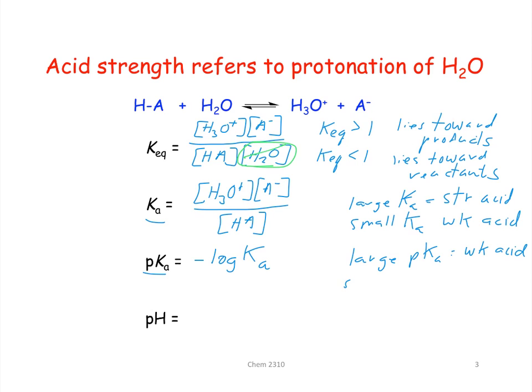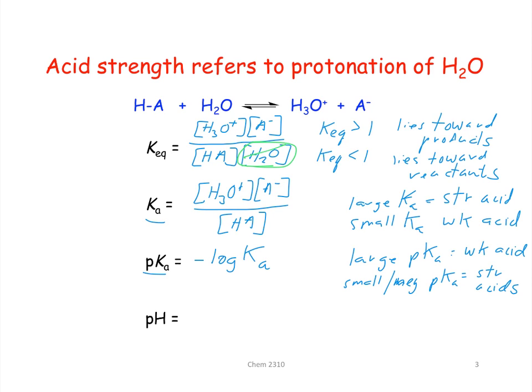And if we have a small or even negative pKa, these will be for very strong acids. So these go in inverse relationships.